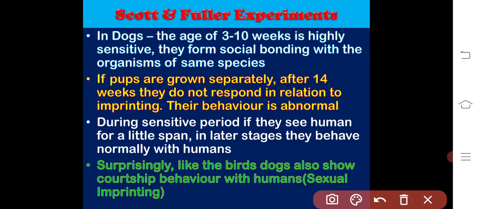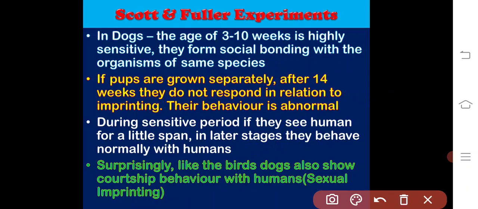If pups are grown separately, after 14 weeks they do not respond in relation to imprinting, and moreover, their behavior is abnormal in the future. During the sensitive period, if they see human beings for a little span of time, then in later stages they behave normally with humans. If they do not see any human being in the sensitive period, they respond abnormally.